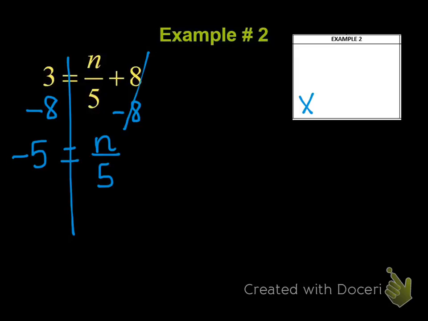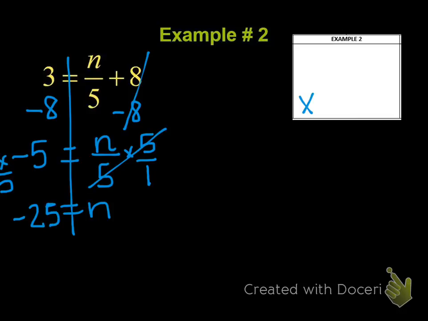Now if I take a look here, I still do not have the variable by itself. So if I have n divided by 5 here, I need to multiply by 5 over 1 to cancel out the 5 in the denominator. If I do that, I get n over 1, which is just n, and I must multiply by 5 on the other side, and I get negative 25.